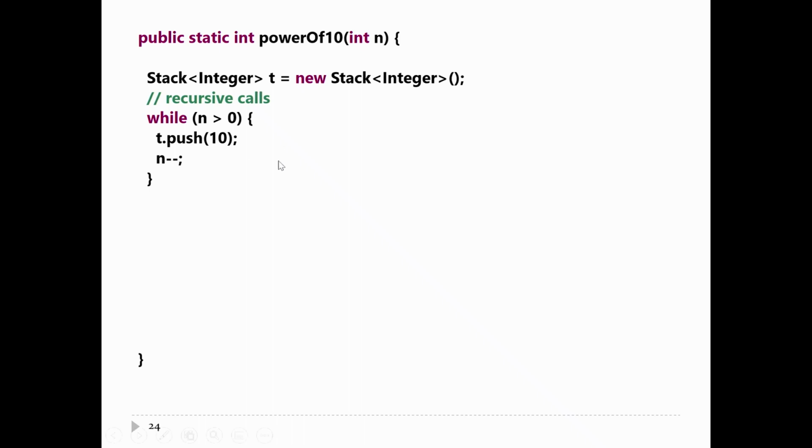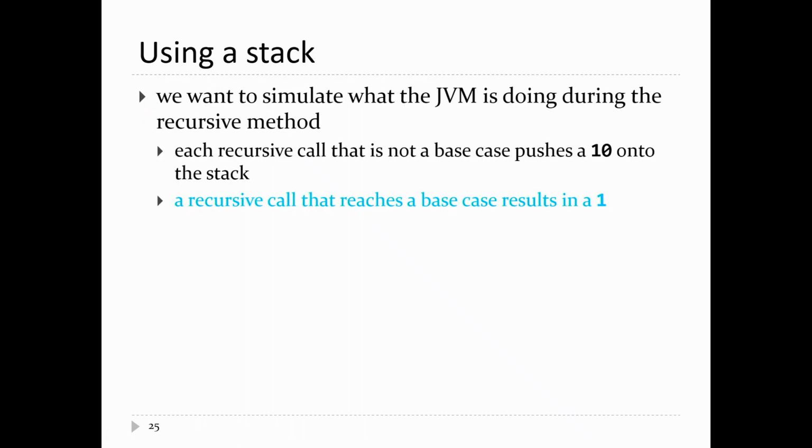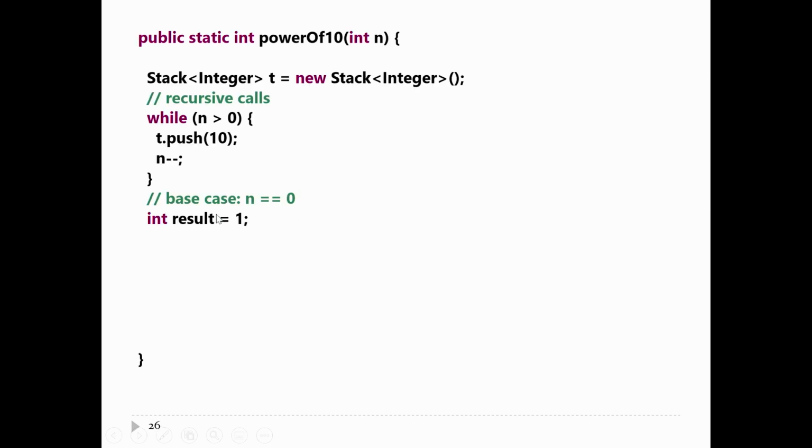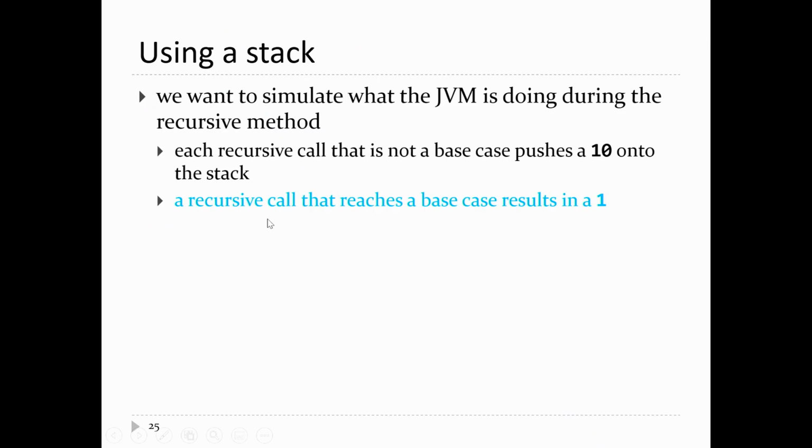When this is done, you've got n tens on that stack. So how do I compute the final result? Well, the recursive call that reaches the base case results in a 1.